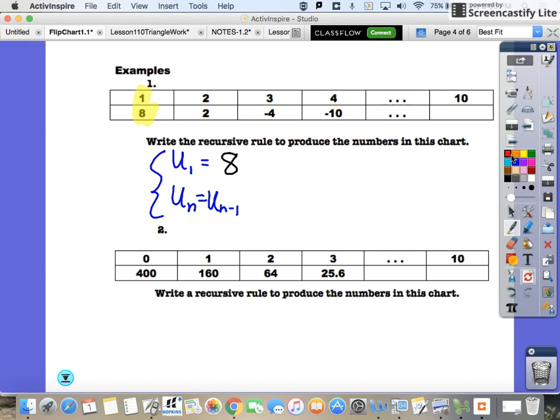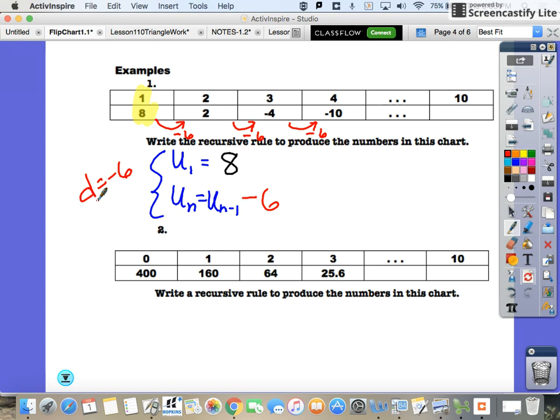And then what you notice is from 8 to 2, that was a drop of 6. From 2 to negative 4, that was a drop of 6. So we're subtracting 6 every time. So we would go minus 6. In this case, d equals negative 6 because it's arithmetic. So if they ask, the difference is negative 6.